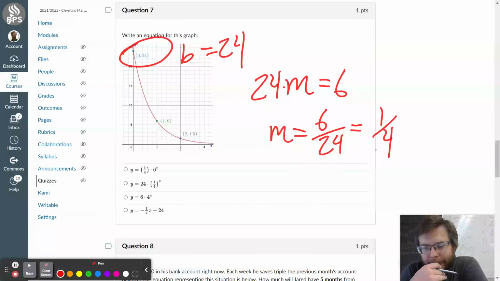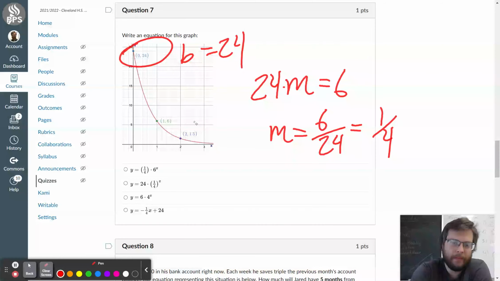Well, that's one way to do it. A lot of people can just think about, okay, what do I times 24 by to get 6? You might get a quarter. A lot of people might think, 24 divided by 4 is 6, and dividing by 4 is the same as multiplying by 1/4. Or if you run it backwards, 1.5 times 4 is 6, 6 times 4 is 24, and so you have a 1/4.